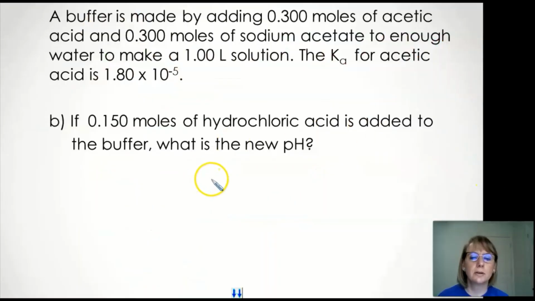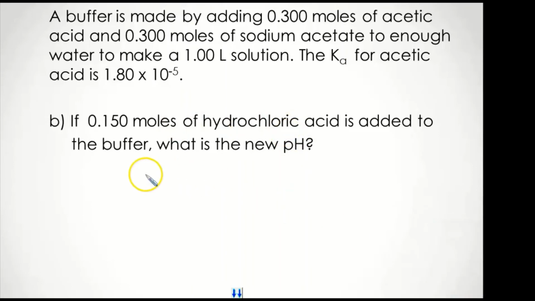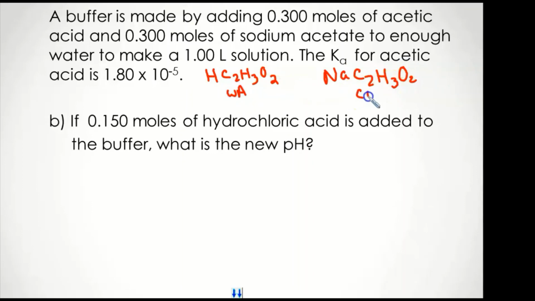So same scenario, same buffer, but this time we're going to add hydrochloric acid into it. Remember, the buffer has the weak acid and the conjugate base.